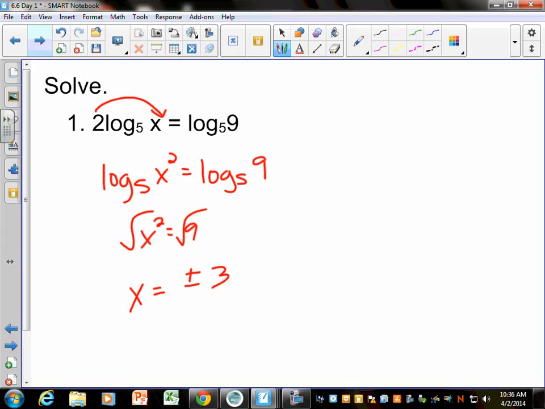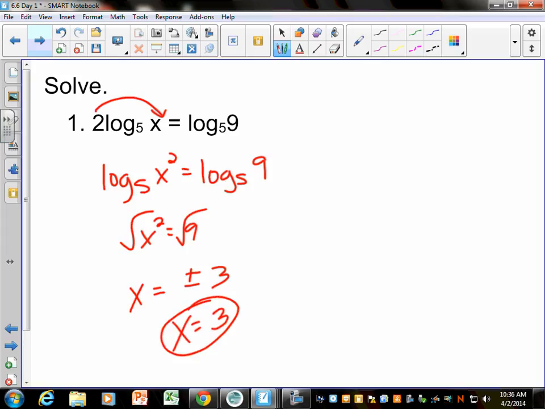But remember, logarithms have a very restricted domain. You cannot take the log of 0, you cannot take the log of a negative number, right? So you have to look at your answers and make sure that when you plug it in, it's not going to take the log of a negative number. Is plus or minus 3 both going to work in our problem? That's going to be log 5 of negative 3. You can't take the log of a negative number, so you have to say that negative 3 is extraneous, and the only answer there would be 3.